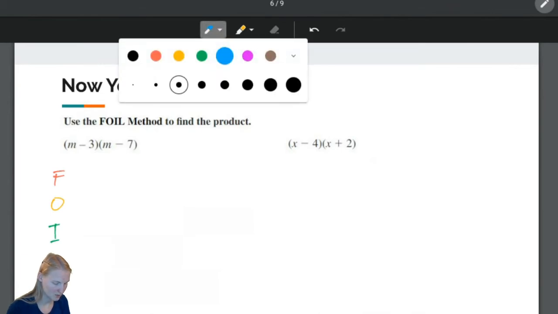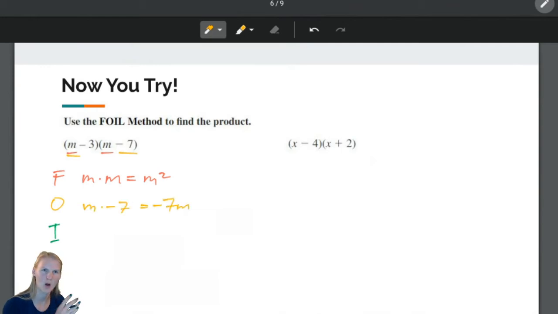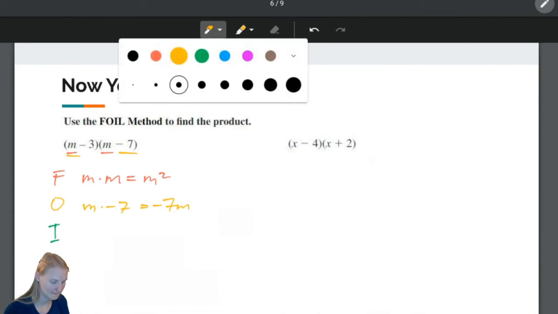Okay, and we're going to go first. m times m is m squared. Outside, m times negative 7. m times negative 7 is negative 7m, because remember we always write the number first.